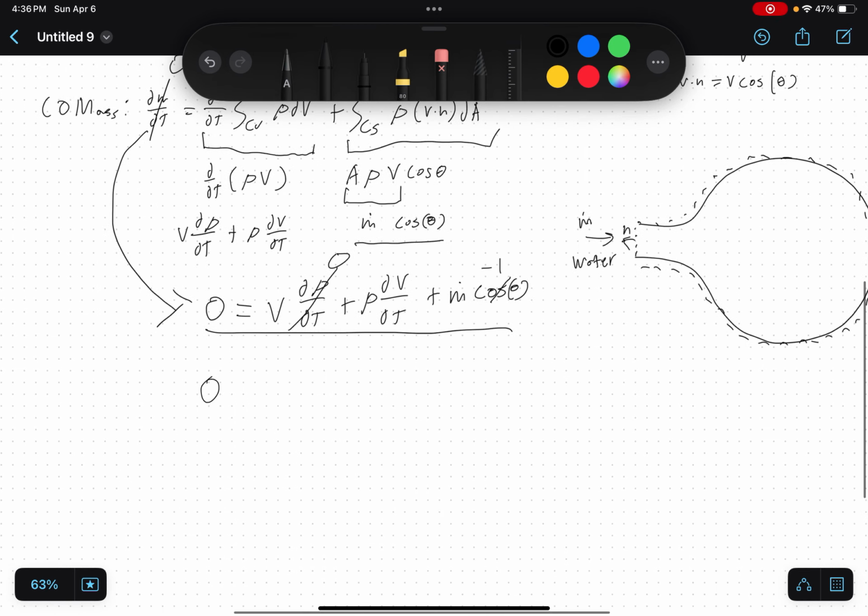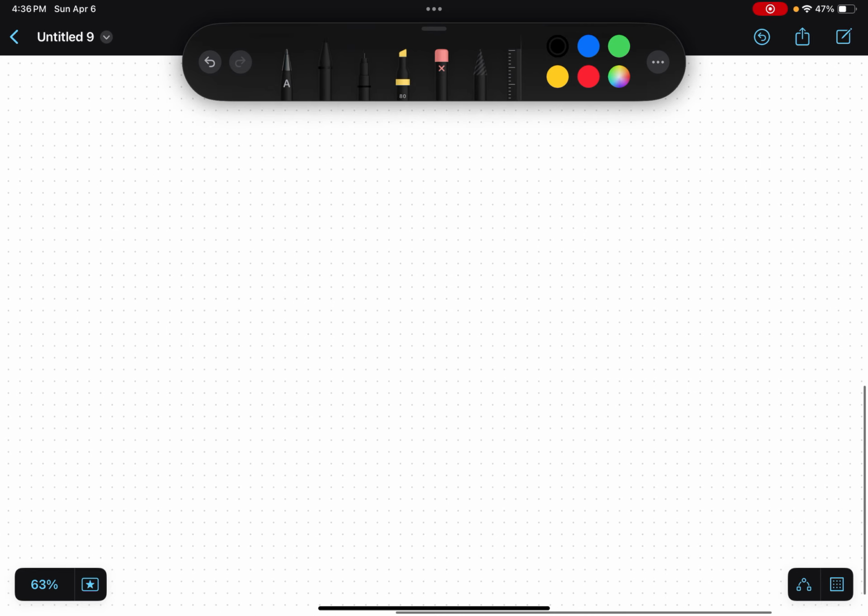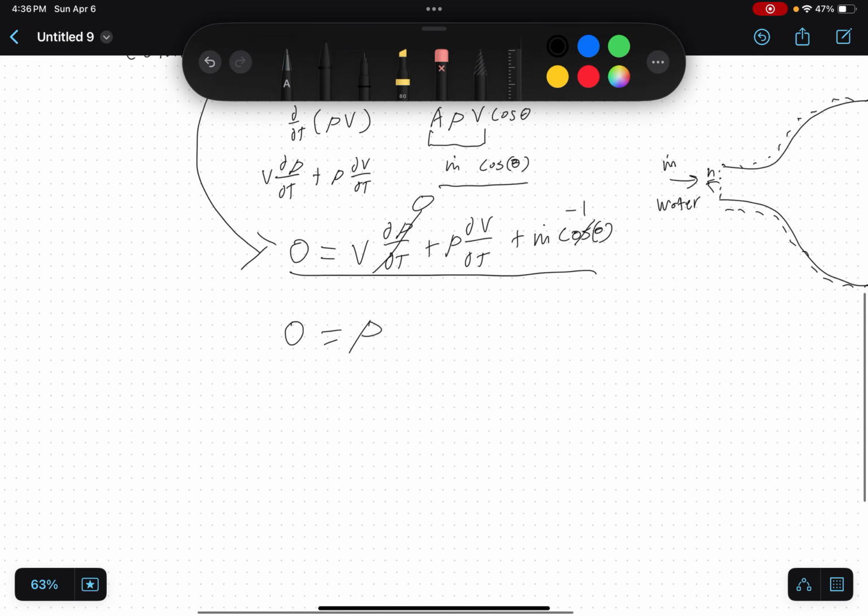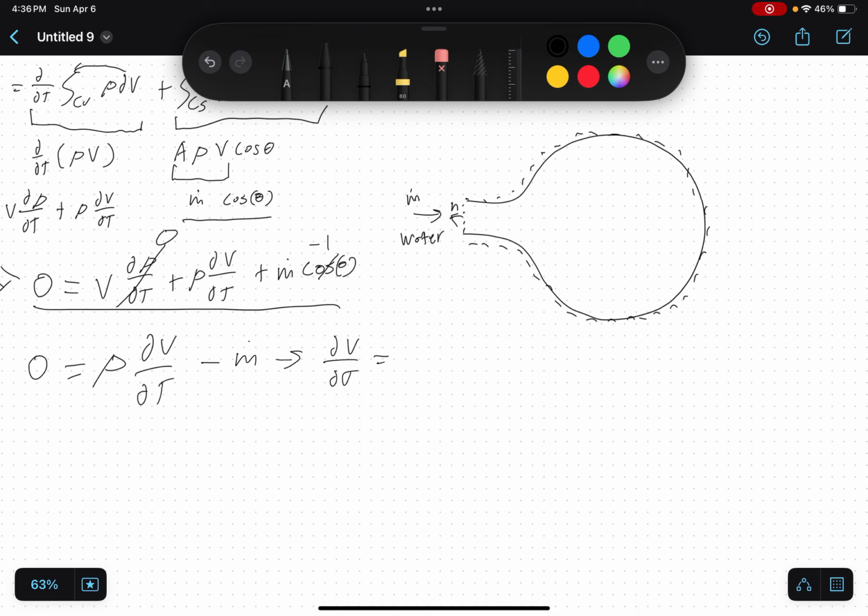Cool, so what are we left with? We are left with 0 equals, oh wow, rho dV dt minus m dot. So then we rearrange and we get dV dt equals m dot over density, and then V equals m dot over density times time plus A. What is that A?